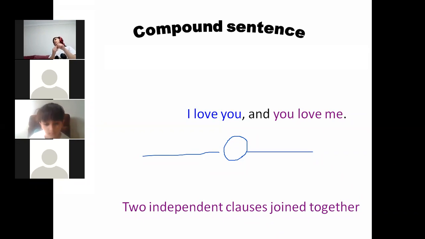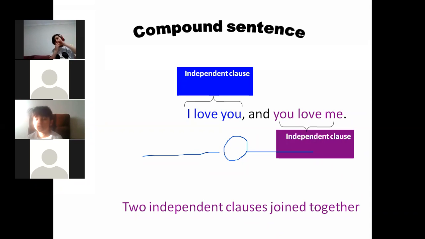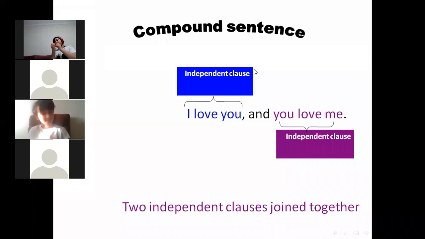The first sentence, I love you. The second sentence, you love me. If we say, I love you and you love me, this is a compound sentence. It has two independent clauses. The first one, I love you. The second one, you love me. So it has two independent clauses joined together.